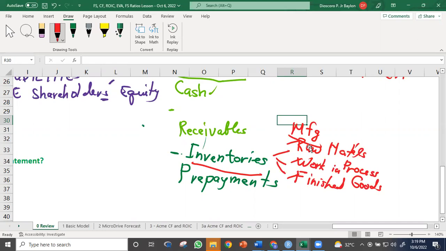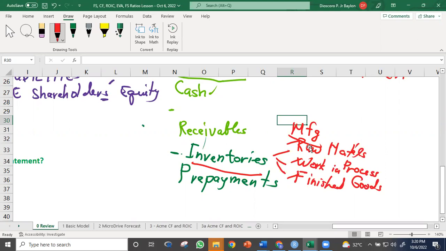Strictly speaking, inventories are items that are considered for sale, that will be sold. Buying and selling, or raw materials first, then the company will manufacture. Those that are not finished are called work in process. And finally, those that are finished are called finished goods. For a merchandising firm, there are also inventories.